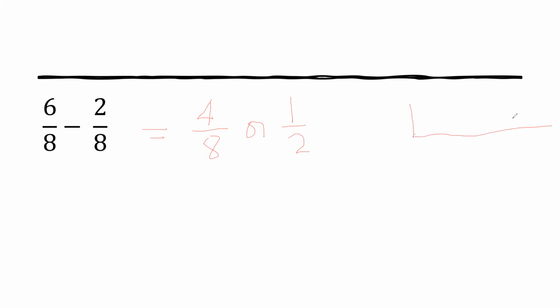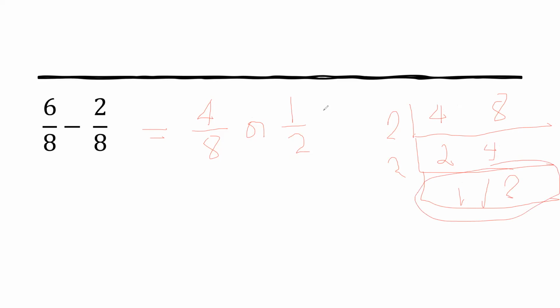Kung gusto pa rin natin at nalilito pa rin tayo, ilagay natin sa semi-box. Start with 2. So this will be 2 and 4. Then 2 again, that will be 1, 2. So our final answer is 1/2. Okay?